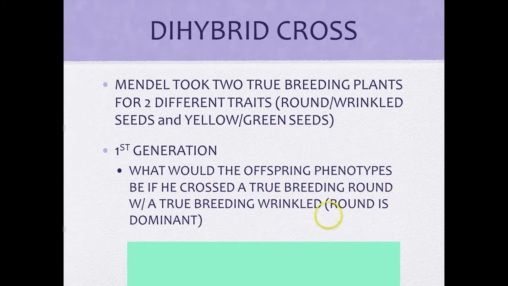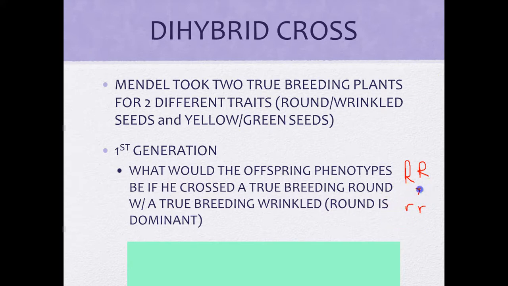So, sometimes it's easier to show you. If round's the dominant trait and it's true breeding, that means the genotype has to be two capital R's, and he crossed it with a true breeding wrinkled, which would be little r.